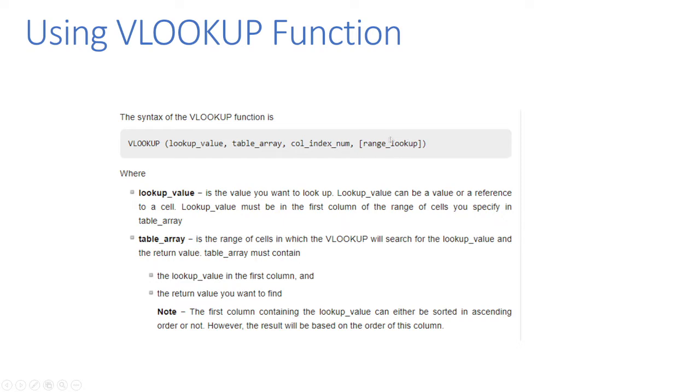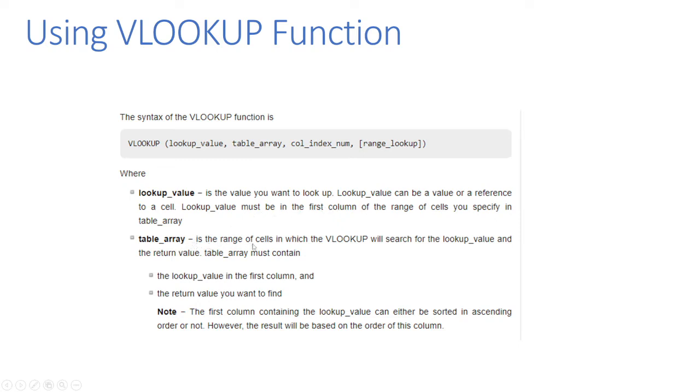And we have the range lookup, which will be explained later. The lookup value is the value you want to look up. Lookup value can be a value or a reference to a cell. Lookup value must be in the first column of the range of cells you specify in the table array. So it should be the first column.